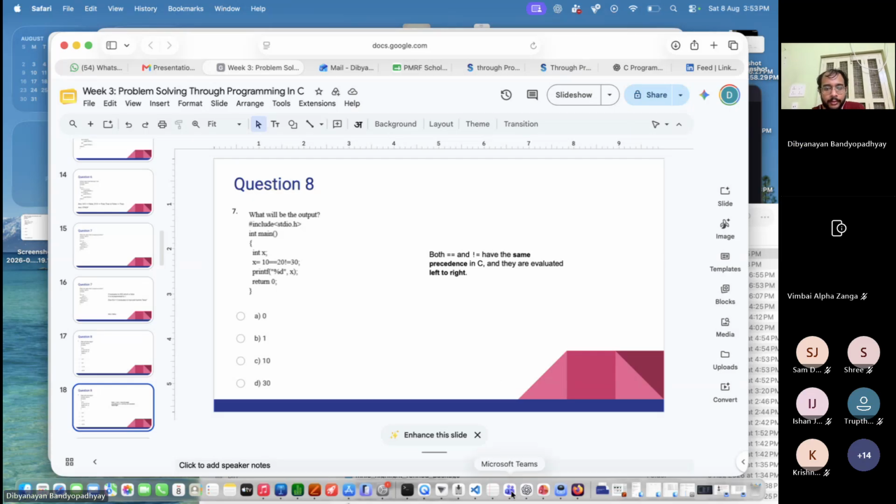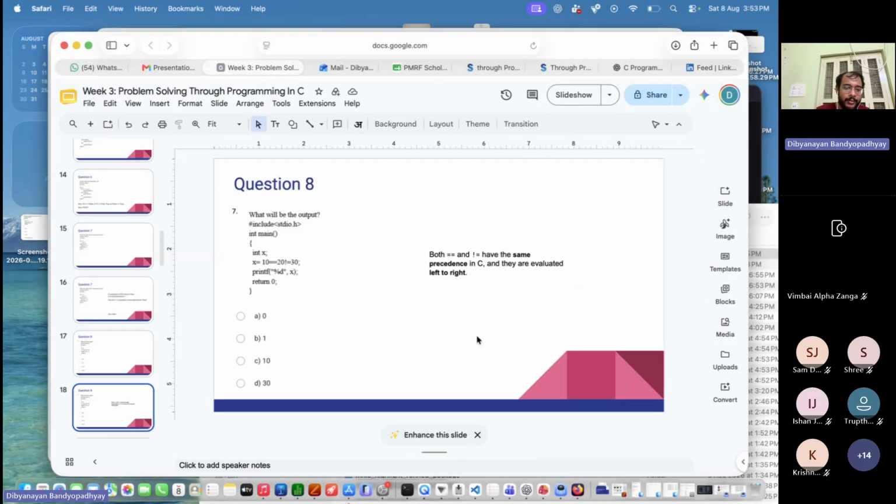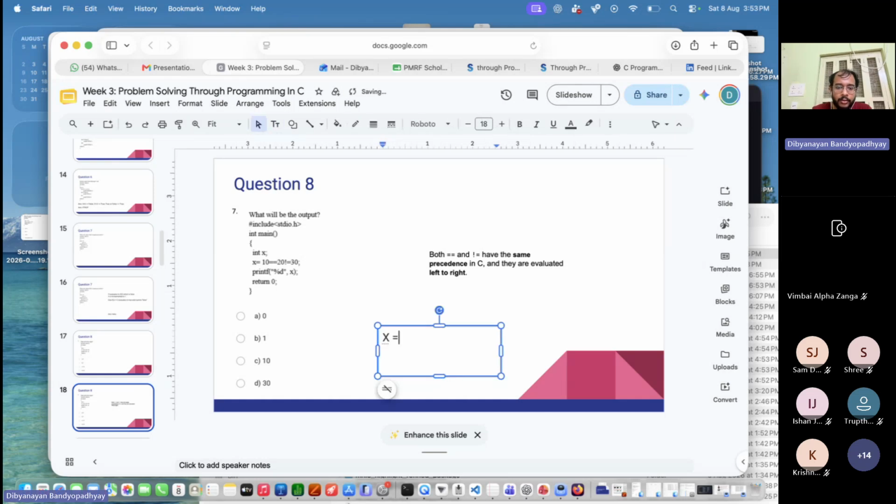Yeah, people are saying 1. Okay, let's see then what's happening. So 10 equal to 20, and left to right. What does it mean? It means x equal to 10 equal to 20 will be evaluated first, because it is from left to right and those have equal precedence. Okay. And then 30.